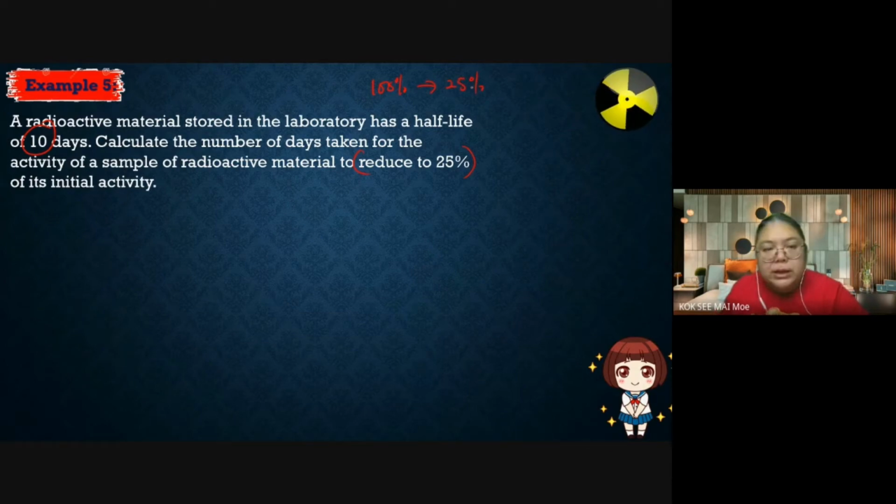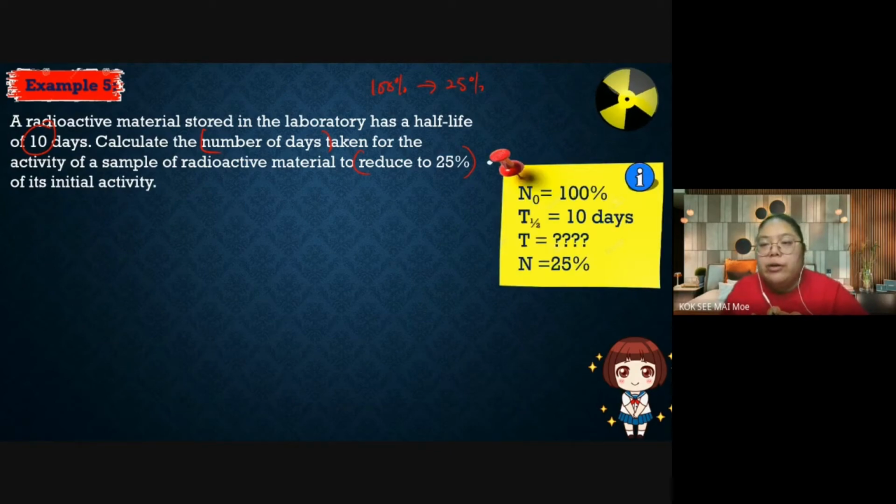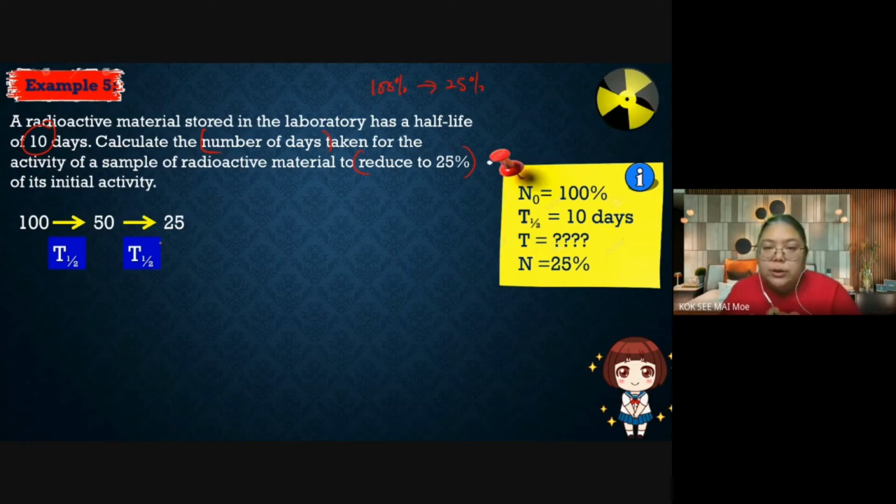They ask how many days until it becomes 25%. So info: original 100%, half-life is 10 days. I know the final I want is 25%. So I need to go from 100 to 25. I got how many half-lives? 2 half-lives.